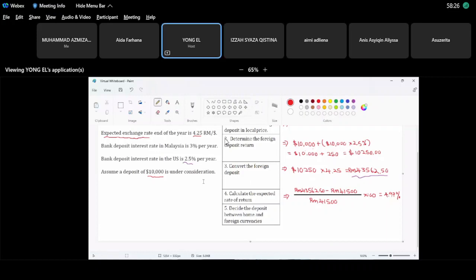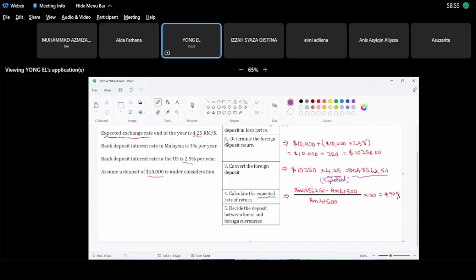This is the rate of return, the expected rate of return. Why do we call this the expected rate of return? It is because the conversion from US dollars to Malaysian ringgit is based on the expected exchange rate from here. Okay, this is an expected exchange rate.